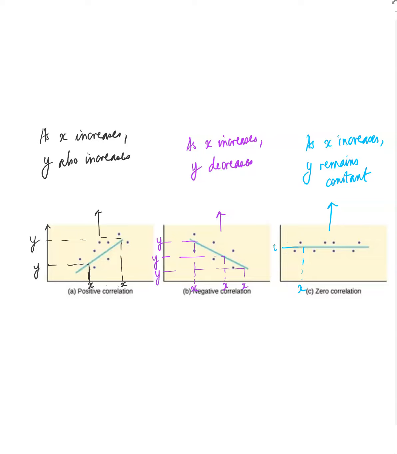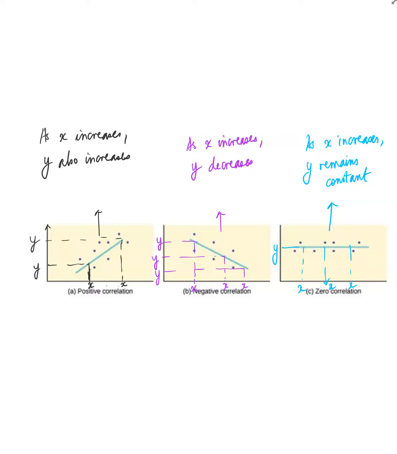The corresponding y value is there. If you go to another x value on the right, an increased value, it's still the same y. If you go to the end here, it's still the same y. So the y remains constant. So a zero correlation happens when you have a horizontal line. And you can also see a correspondence with the slope, right? The slope is always 0 for horizontal lines. So here we are using the same idea and extending it to correlation, and we say that there is no correlation because your R is 0.